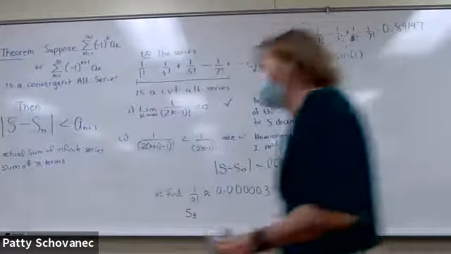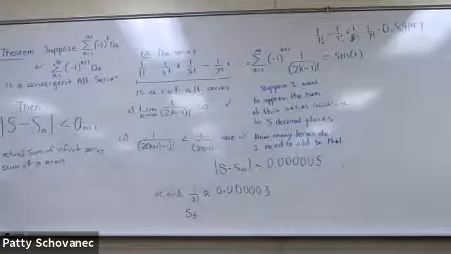So the prime example of a conditionally convergent series was, say, the alternating harmonic series.